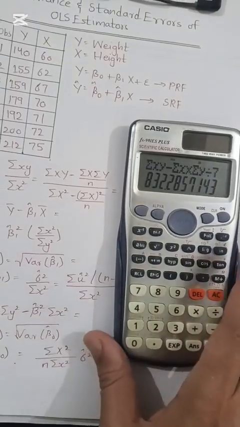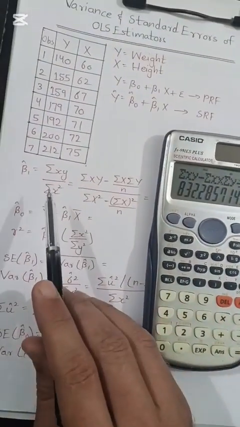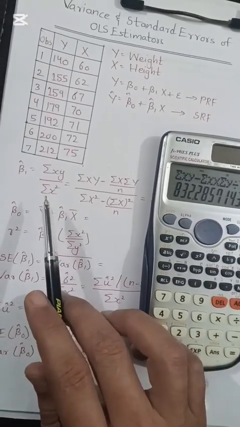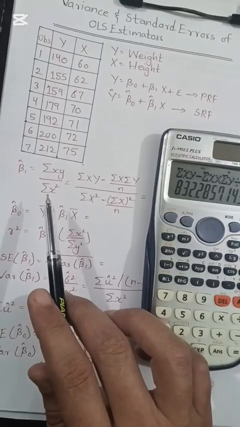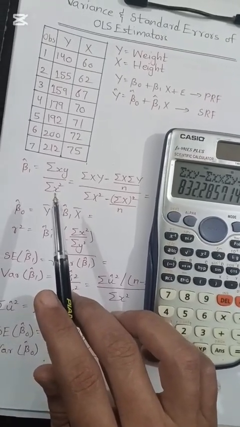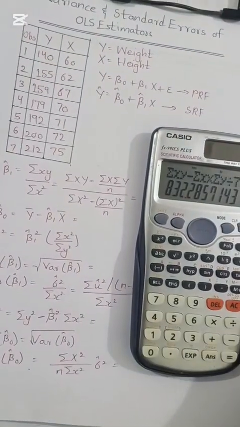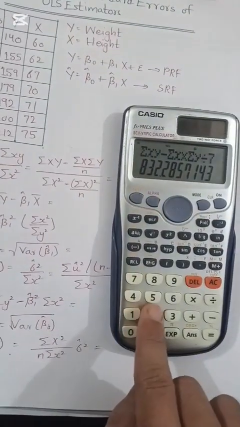Similarly, now you can find the sum of small x square. We can find this using this formula, or the other method is this is the variation in x. To find the variation we need two things, the variance and the degrees of freedom. For this purpose go to shift 2.